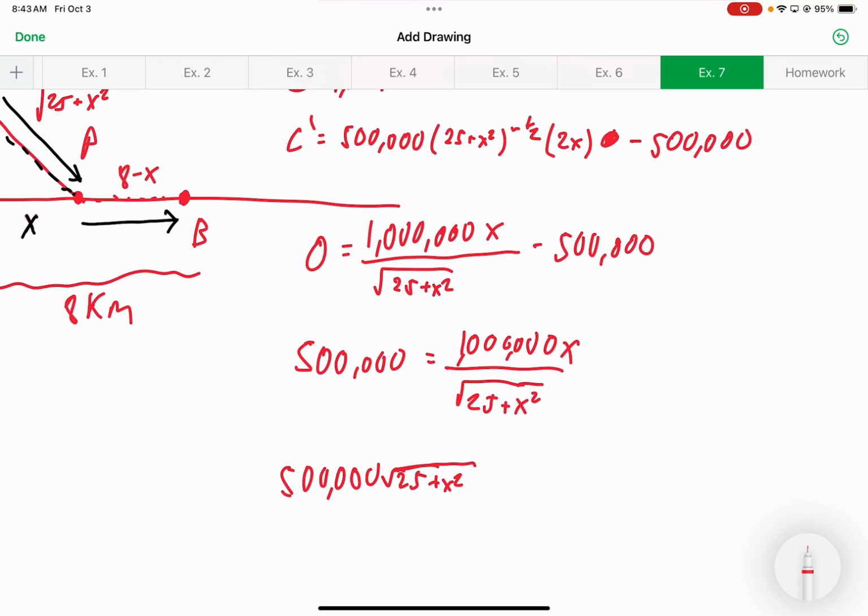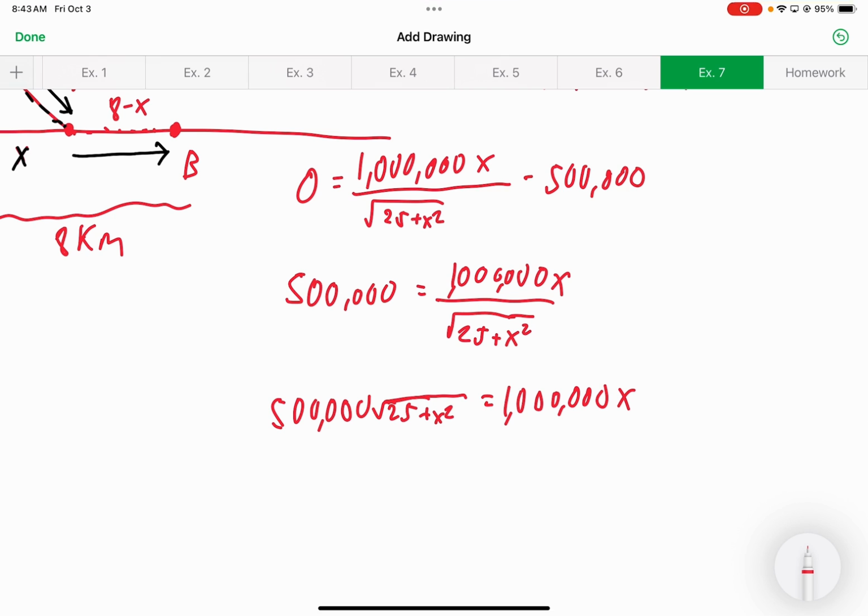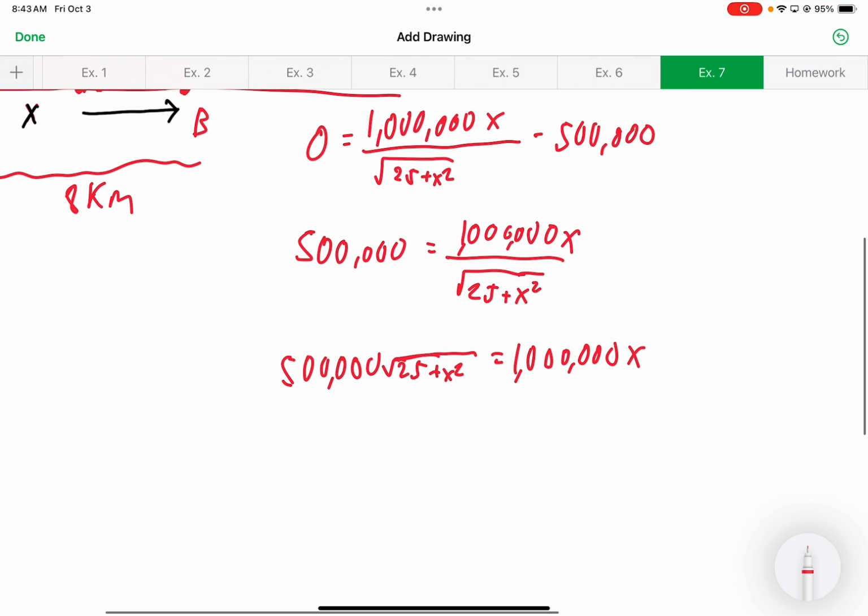Plus x squared equals 1,000,000 x. So when I divide by 1,000,000, then I get a half. Or, you know, I could divide by 500,000 to get square root of 25 plus x squared equals 2x.